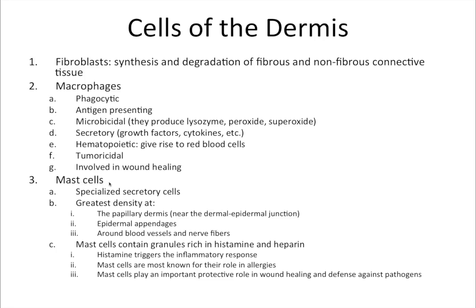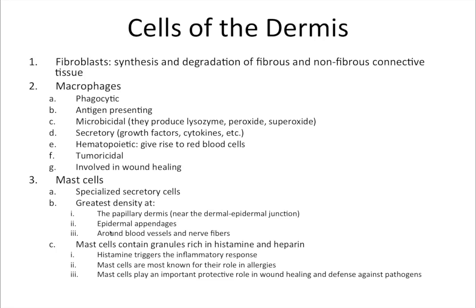We also have mast cells, and again, these are like a specialized secretory cell, and you find the greatest density of them in the papillary dermis, so right next to the dermal-epidermal junction, and you also find them surrounding the epidermal appendages.